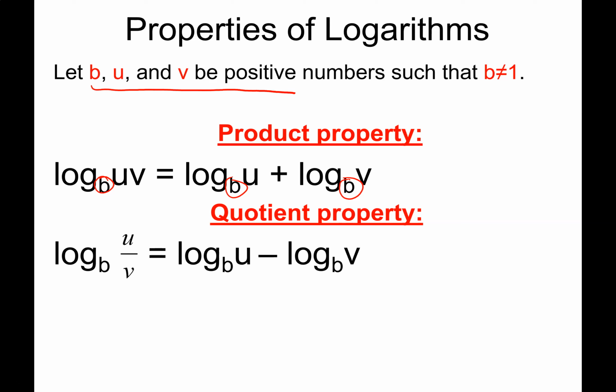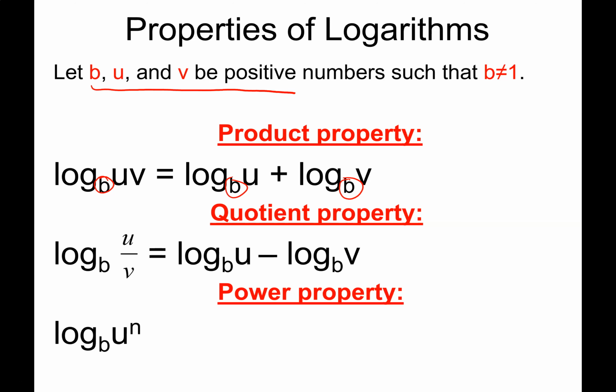All right, things that you need to make note of. Again, notice that we're keeping the same base. It has to come along for the ride. The numerator will always be written out first, followed by the subtraction sign, and then the denominator. Be careful with the order right there. And then our other property would be the power property.